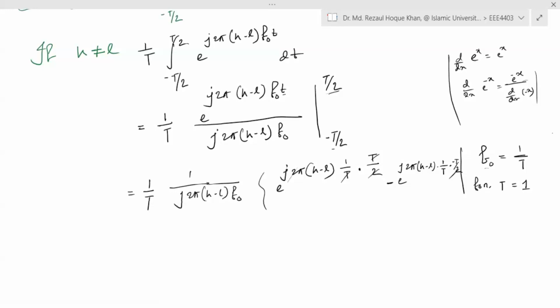So these two can be cancelled, this t and this t can be cancelled, and this minus comes in front.